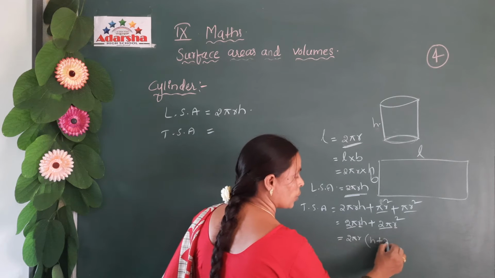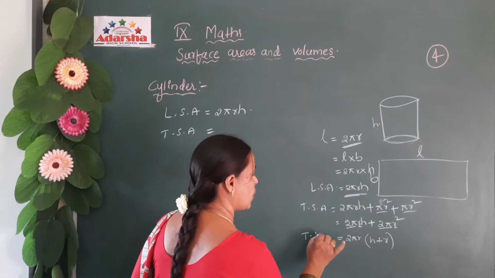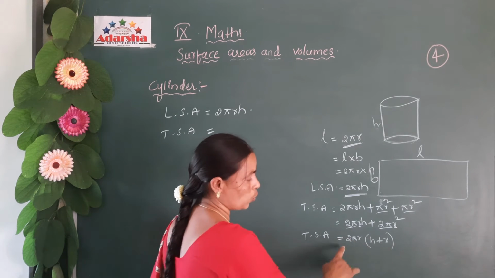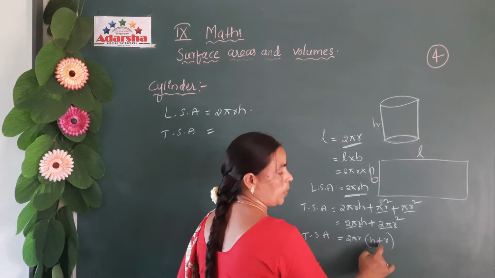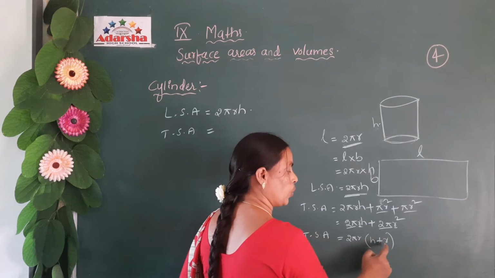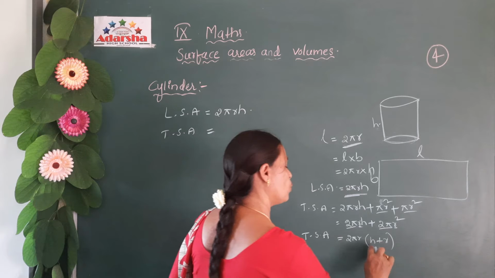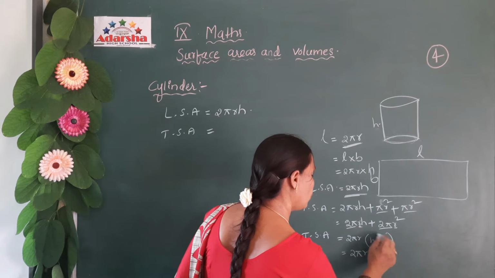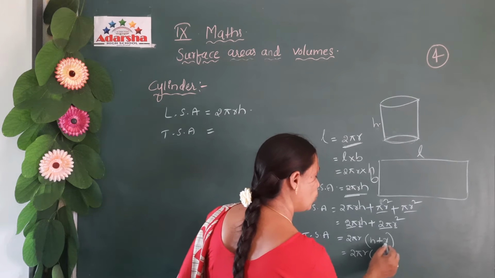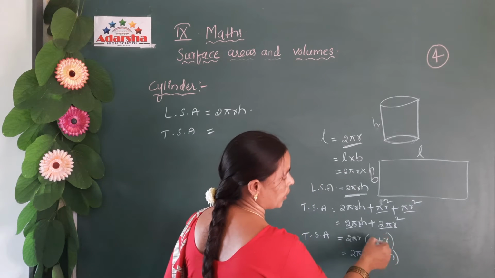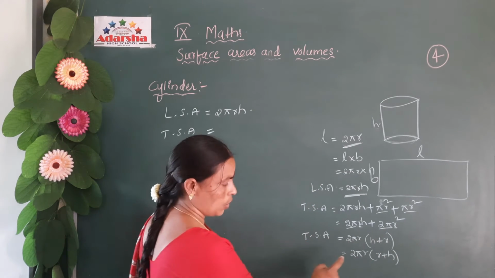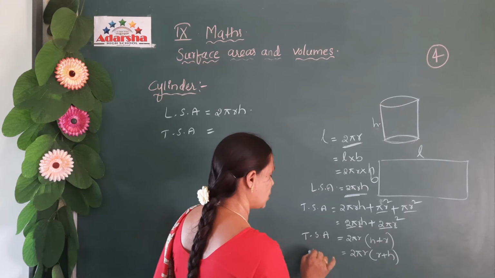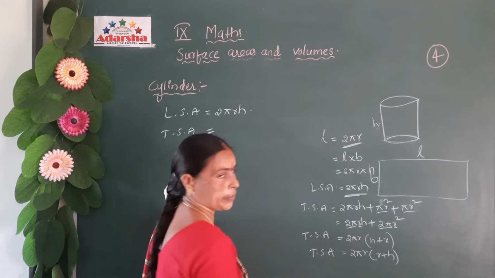So the total surface area of a cylinder is 2 pi r into h plus r, or 2 pi r into r plus h. If you change the order of the two numbers, no problem, because in addition the sum does not change.